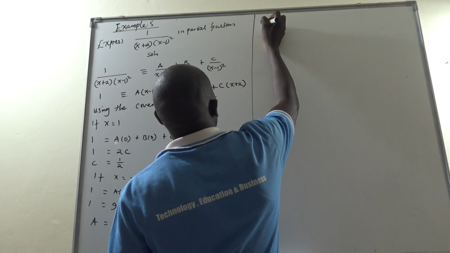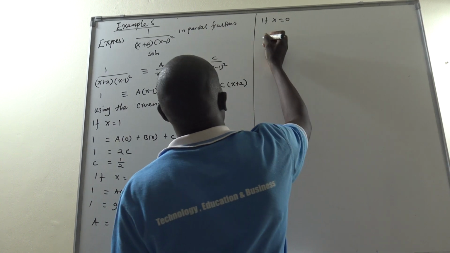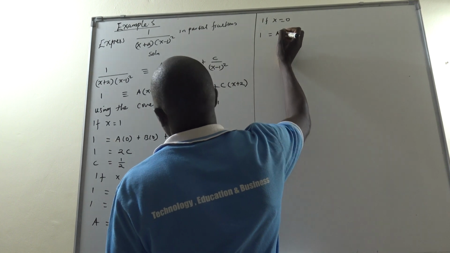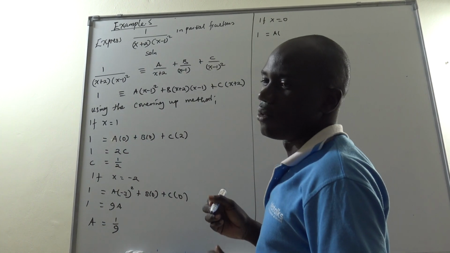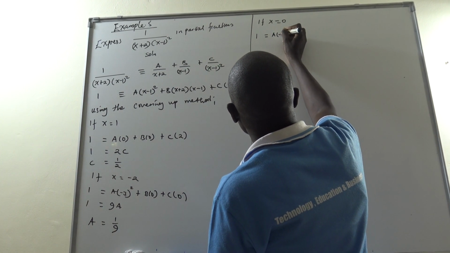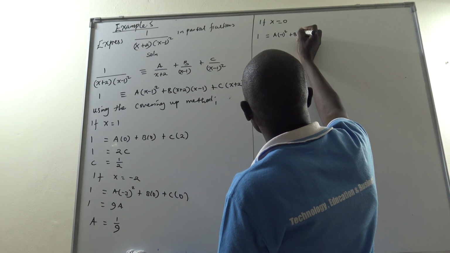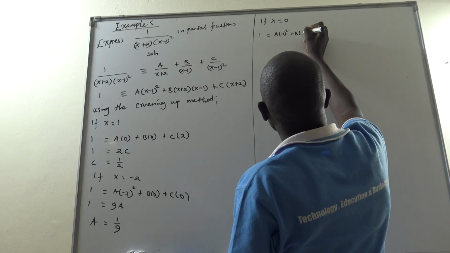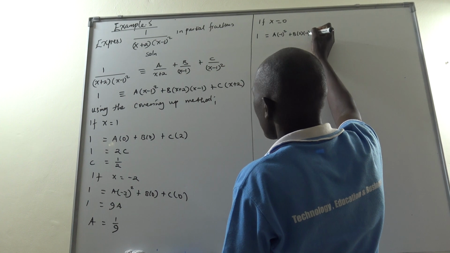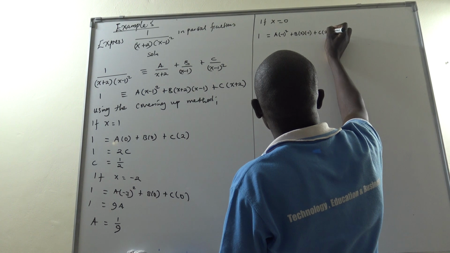I can still say if x equals 0. Now I'm using x equals 0. We're getting 1 equals A into (0 - 1), we are getting -1, -1 squared, plus B into (0 + 2), times (0 - 1) to give -1, plus C into (0 + 2).